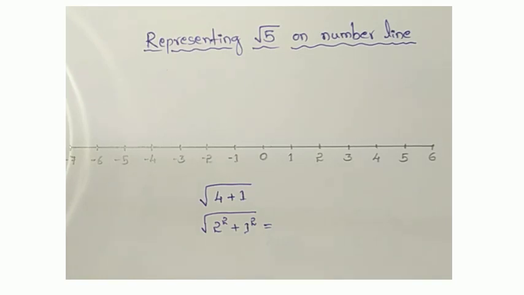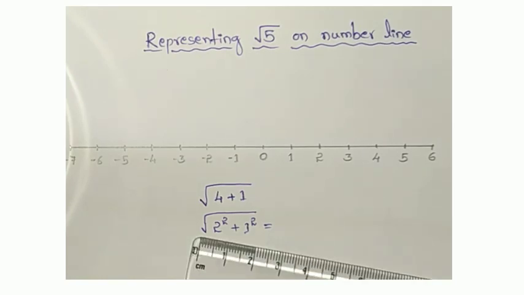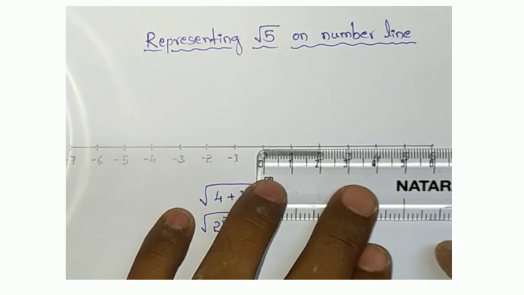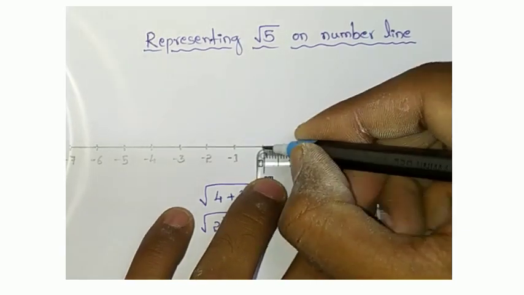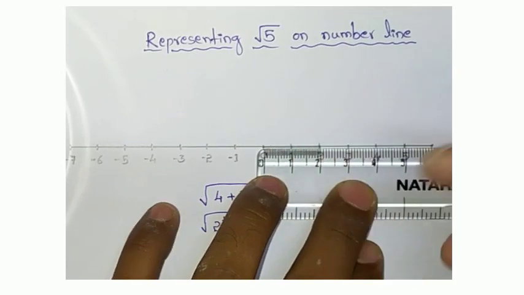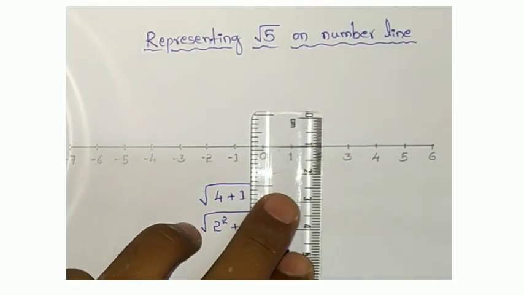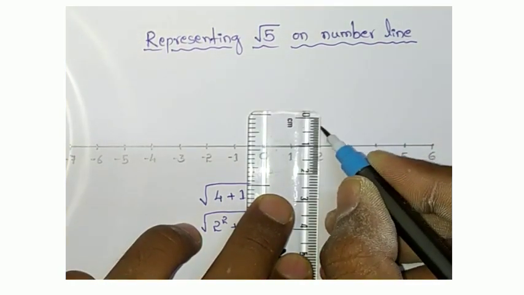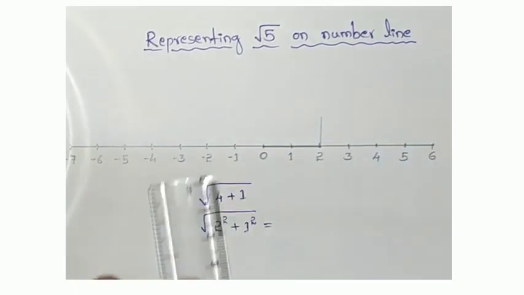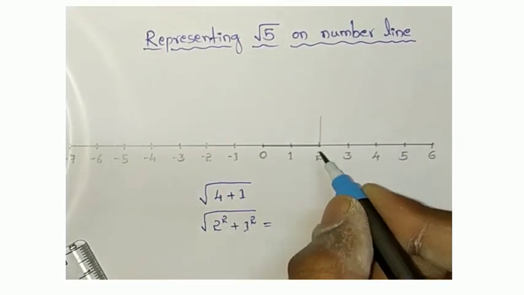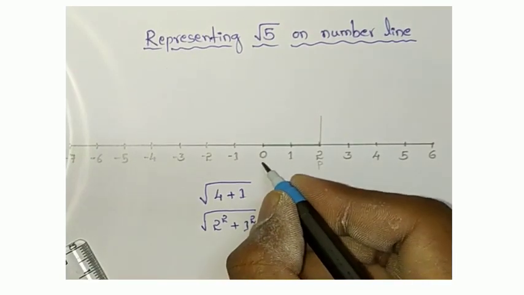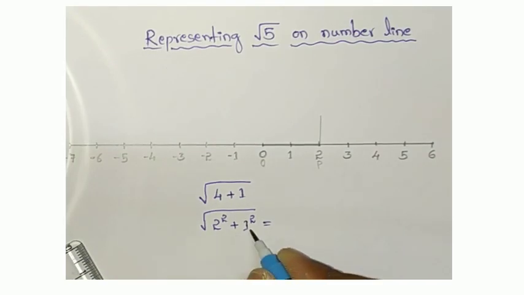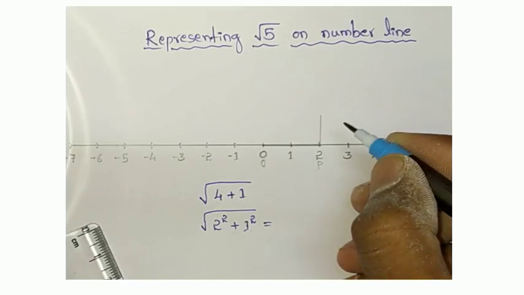Let us take the scale and pencil. From 0 to 2, draw the 2 centimeter base, and a 1 centimeter height. It should be perpendicular, then only we will get a right angle triangle. What is a right angle triangle? One which has an angle of 90 degrees. So I will take 2 as P and 0 as our O. OP is 2 centimeter, that is 2 square, and 1 centimeter is the height of the right angle triangle.